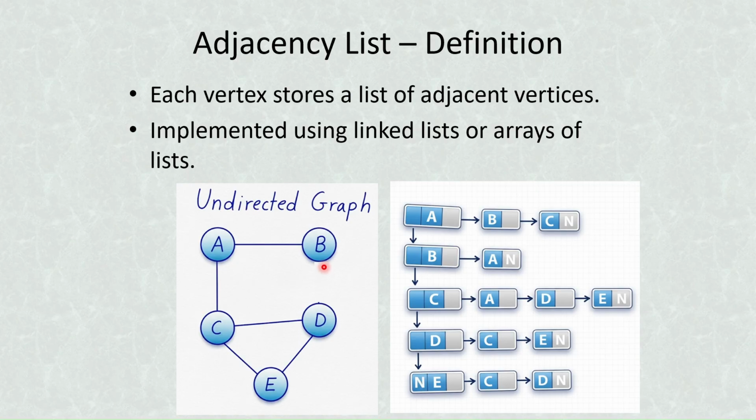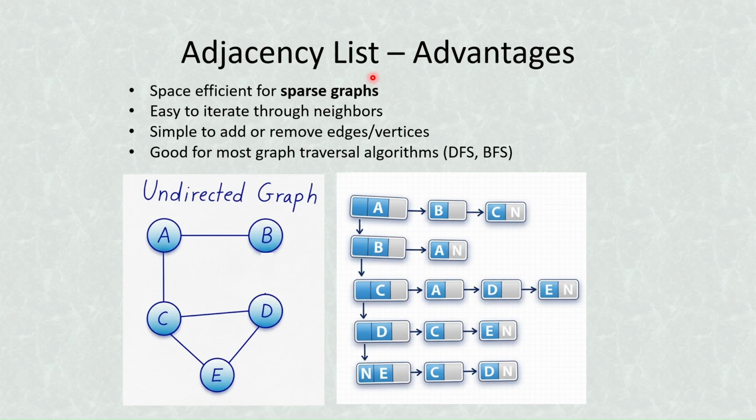Like that you can represent the graph with the help of an adjacency list. It is useful for sparse graphs, which means graphs which contain a smaller number of edges. It is easy to iterate through the neighbors. Suppose I just want to check to which vertices C is connected. So I will go here and check what elements are present in this horizontal list.